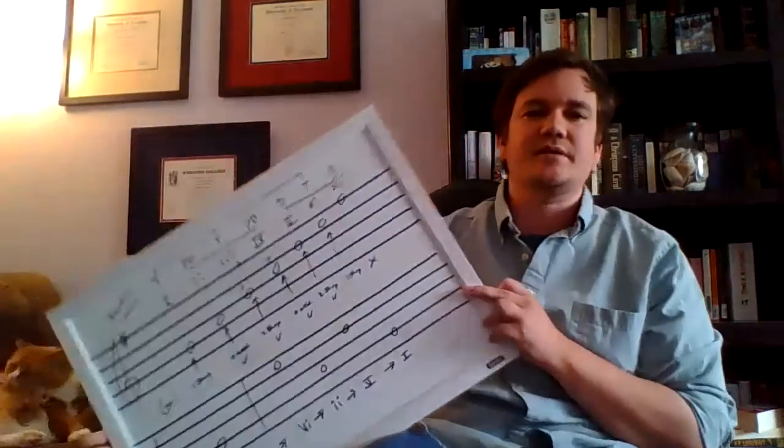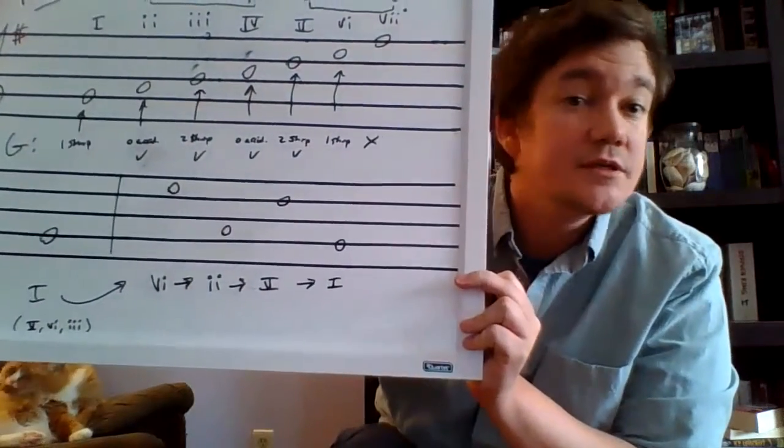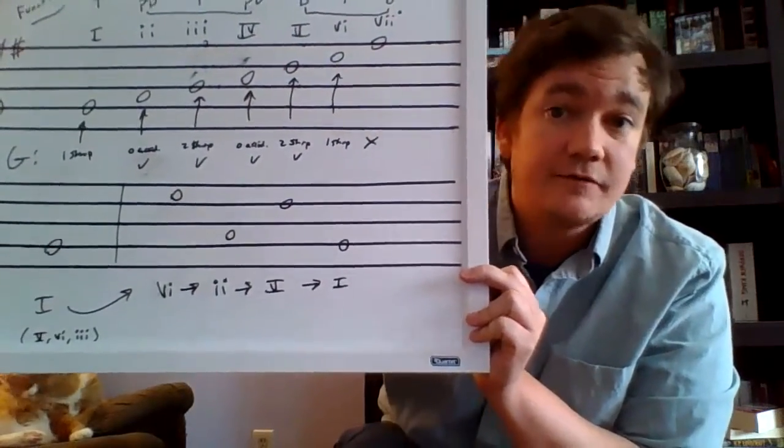So if we think about it that way, we can see a very clear path using our 5th relationships, which we're going to see a lot of with our secondary dominants. It's really needed for that secondary dominant to work. We would see something like this: 6 to 2 to 5 to 1.